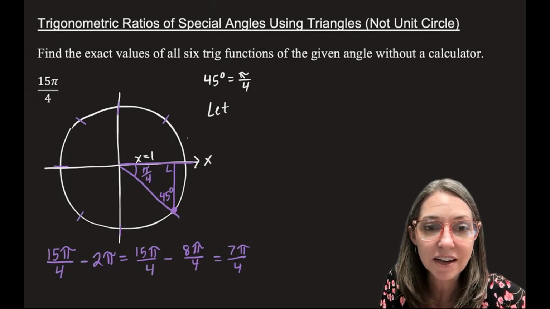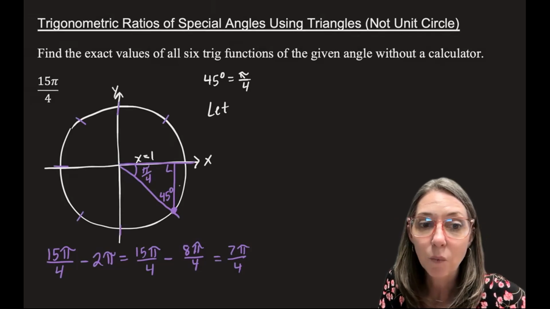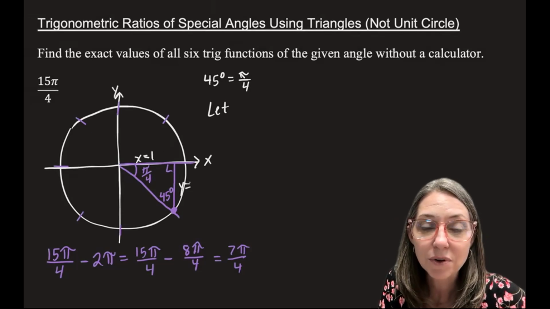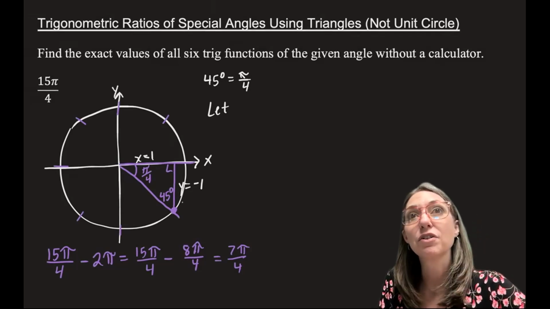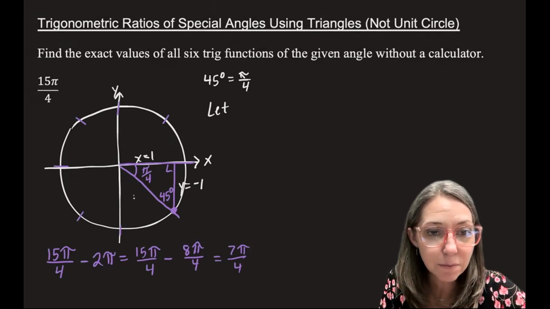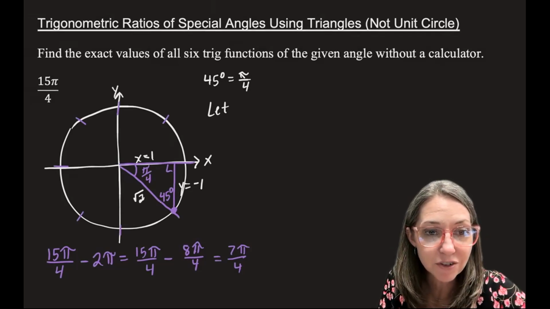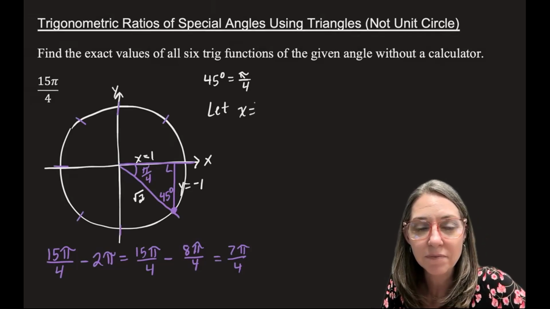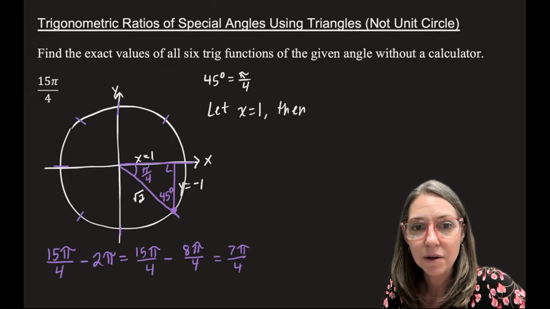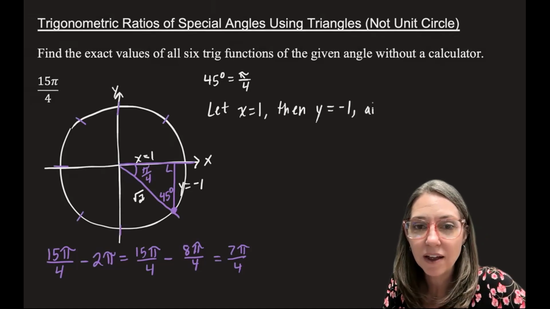However, because this is an x-axis and this is a y-axis, y is equal to negative 1 since it's in quadrant 4. Now if your two legs are both 1, then the hypotenuse, by the Pythagorean theorem or special right triangles, is equal to square root of 2. So x is 1, y is also 1 but negative in quadrant 4, and r, for radius or hypotenuse, is root 2.